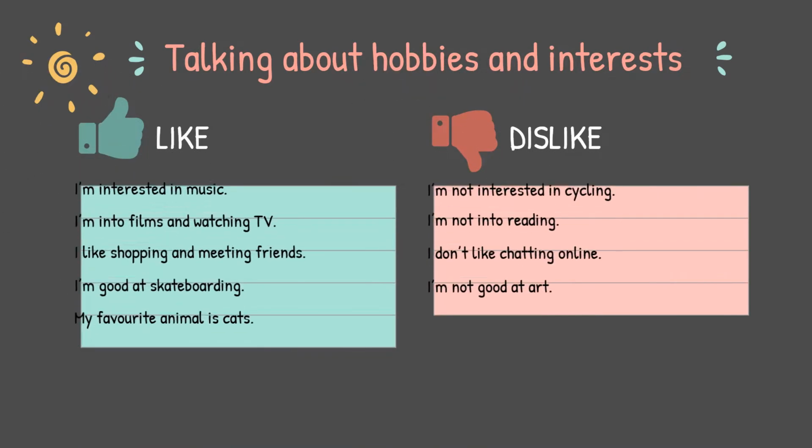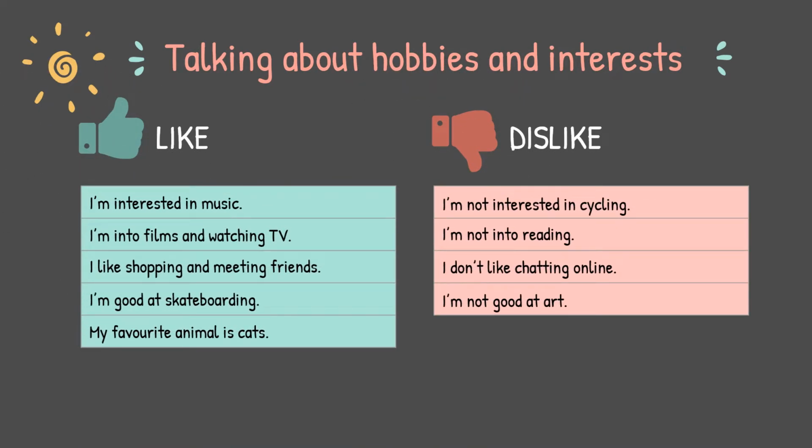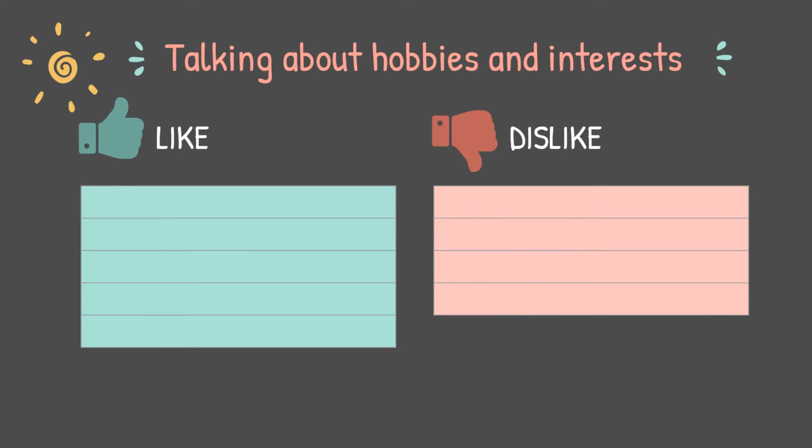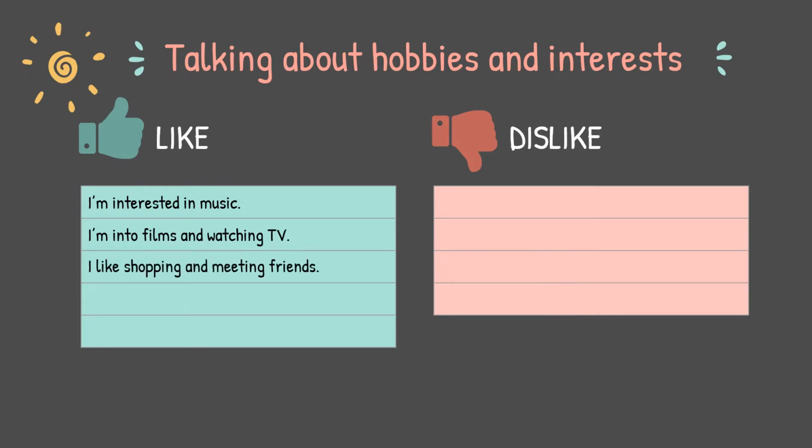Okay, look at these tables. Let's read the sentences together. I'm interested in music. I'm into films and watching TV. I like shopping and meeting friends.